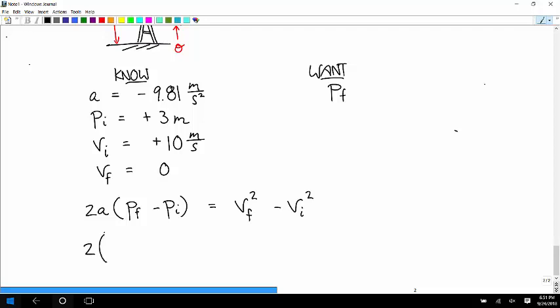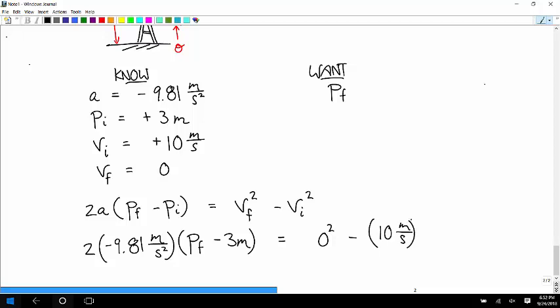So we have 2 times negative 9.81 meters per second squared times the quantity, P final is what we're trying to find, minus 3 meters. And that's equal to V final squared, so 0 squared, minus the quantity 10 meters per second squared.